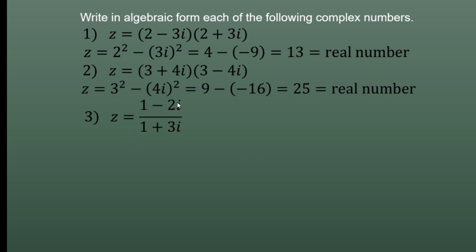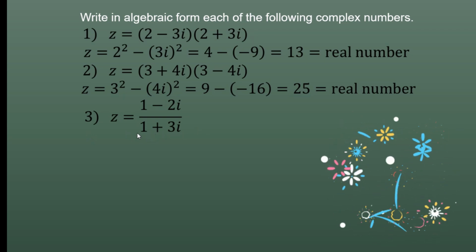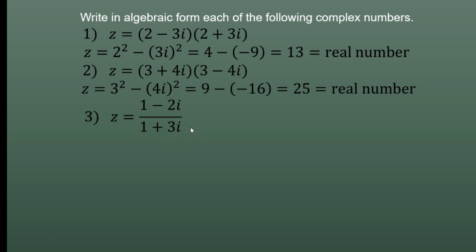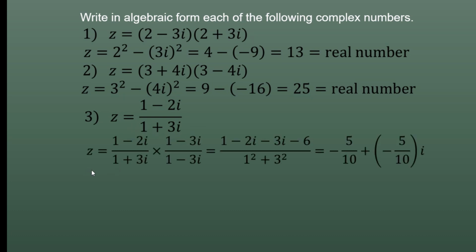Z equals 1 minus 2i over 1 plus 3i. We have to write z in algebraic form. We multiply up and down by the conjugate of 1 plus 3i, because when we multiply 1 plus 3i by its conjugate, we get a real number in the denominator. 1 minus 2i into 1 minus 3i, we multiply, we get 1 minus 2i minus 3i minus 6.